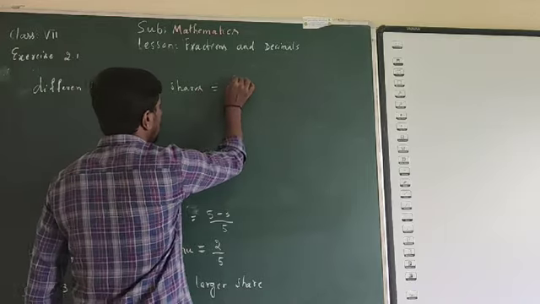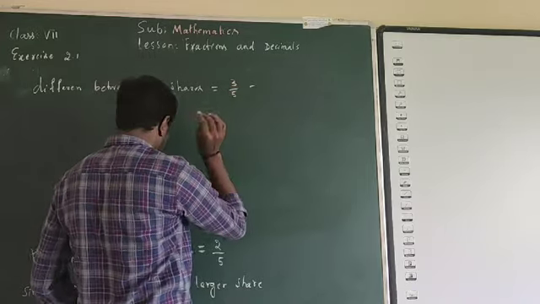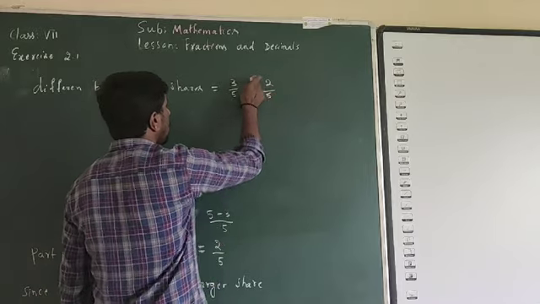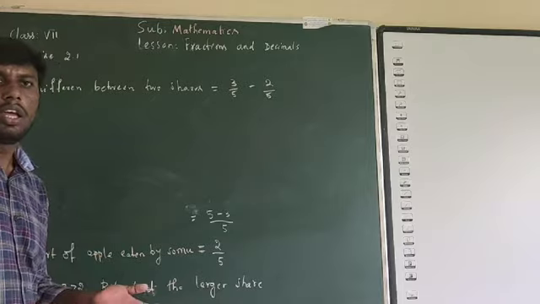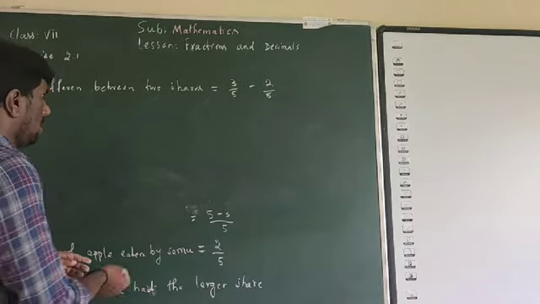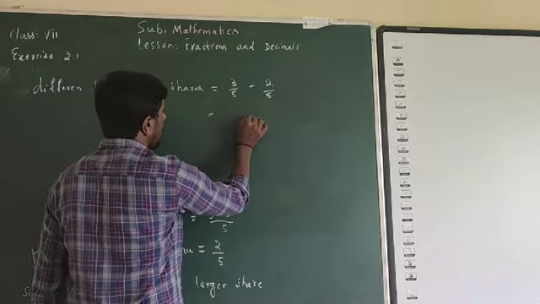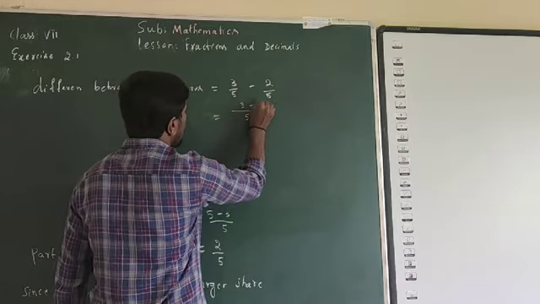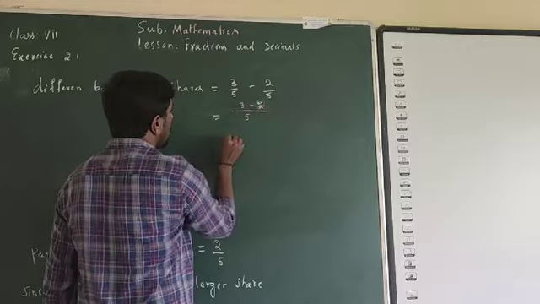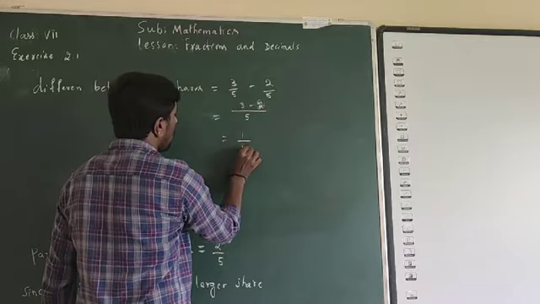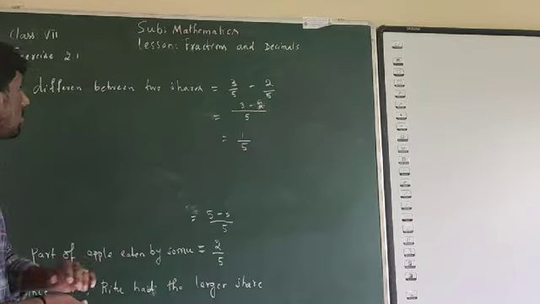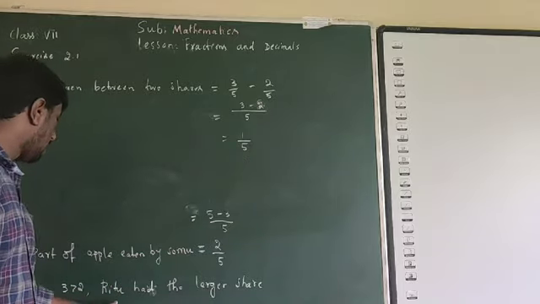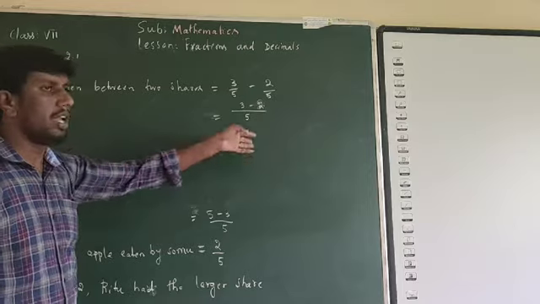That will be 3 by 5. Then Somu's share will be 2 by 5. We take the difference in order to find out how much larger. Since the denominator is same, I can take the common denominator. The numerator 3 minus 2 will become 1 by 5. So this will be the difference. Ritu had the larger share by 1 by 5.